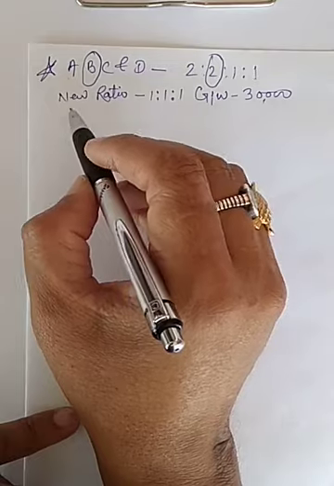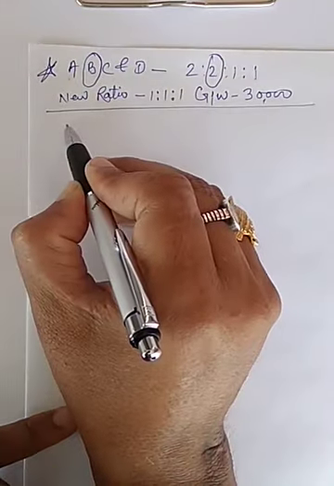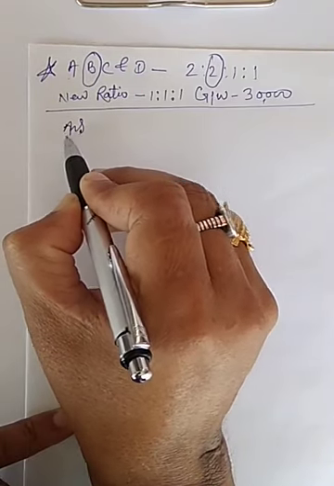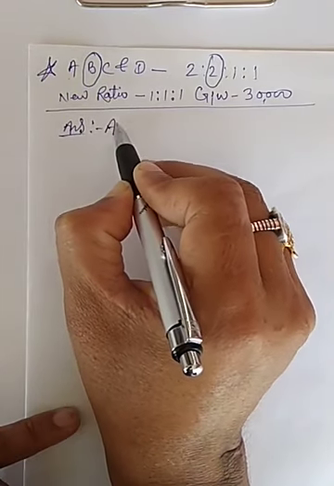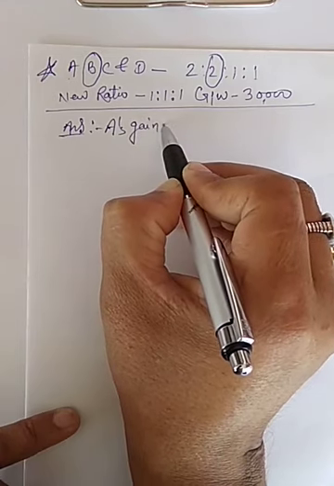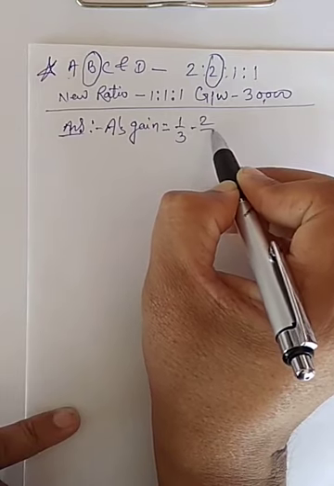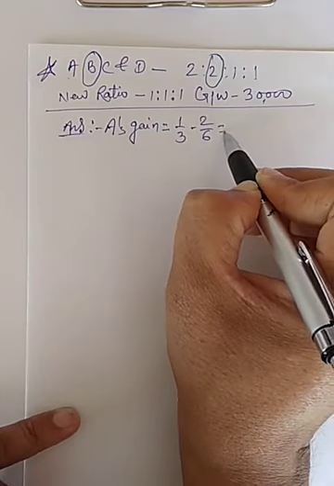First I will calculate the gain share. So A's gain equals 1/3 minus 2/6. It will be 0.